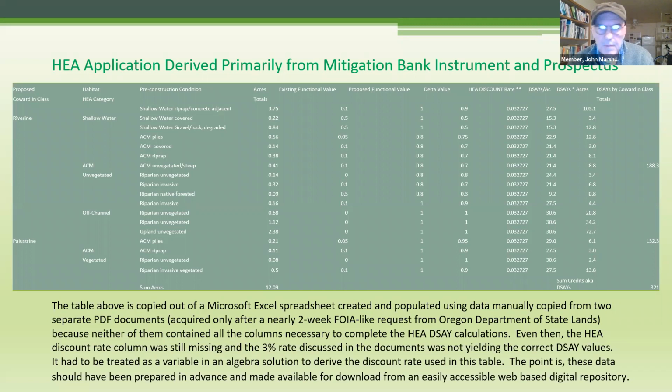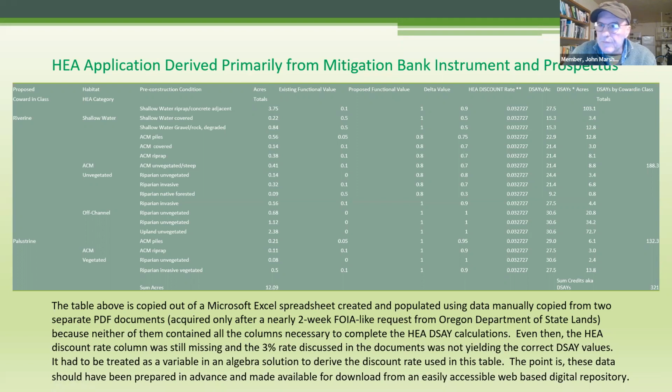This is an excerpt of an Excel spreadsheet that I put together after having to go through quite a few different sources of material, because I couldn't find all this in one particular source. And basically the real main point of this slide is to illustrate that I had to go through a number of different documents.